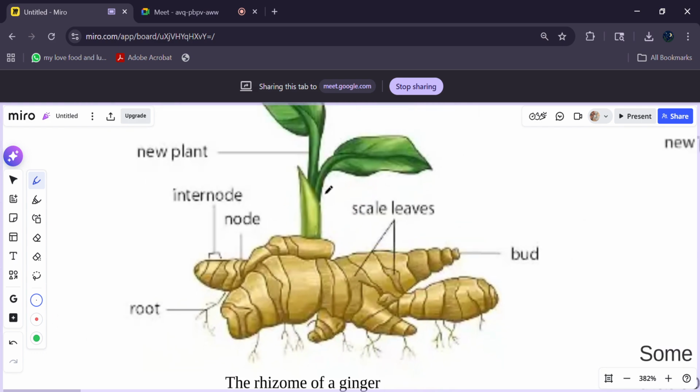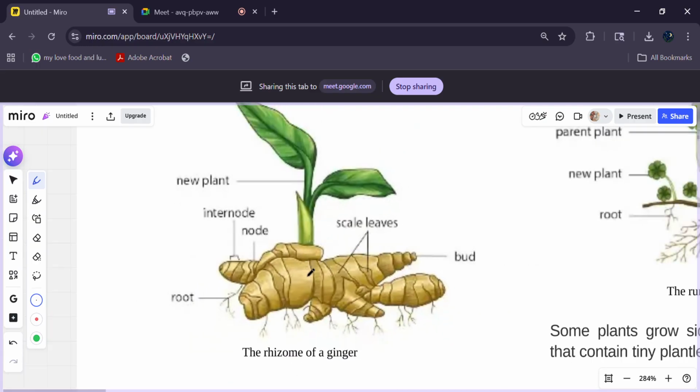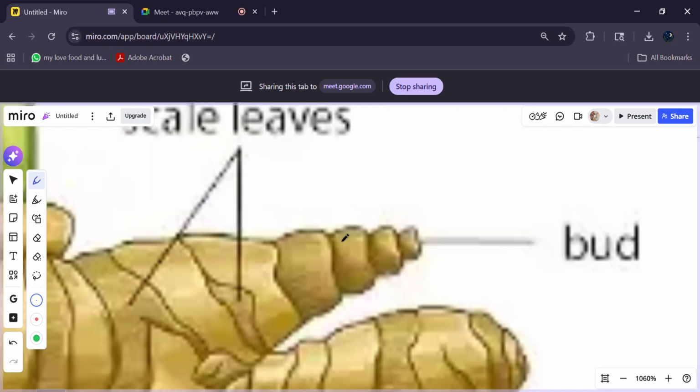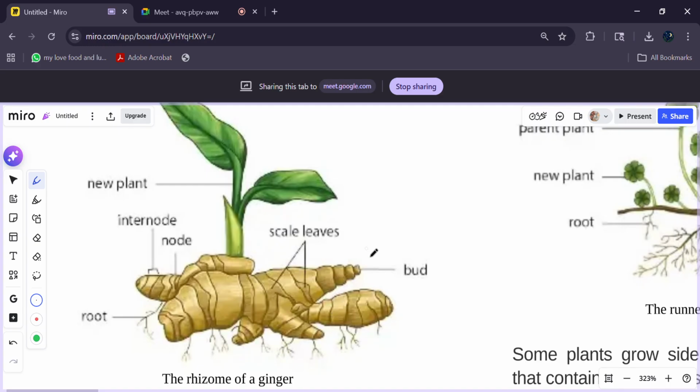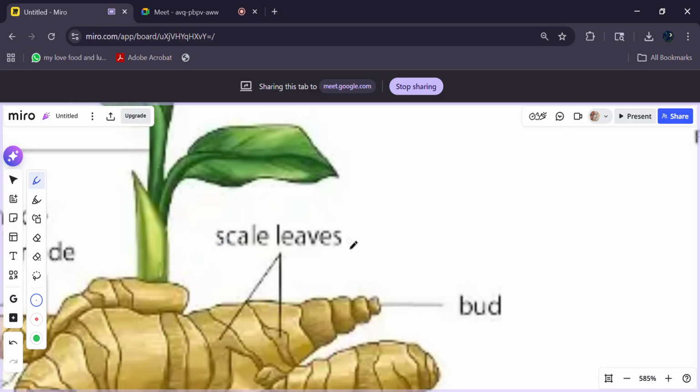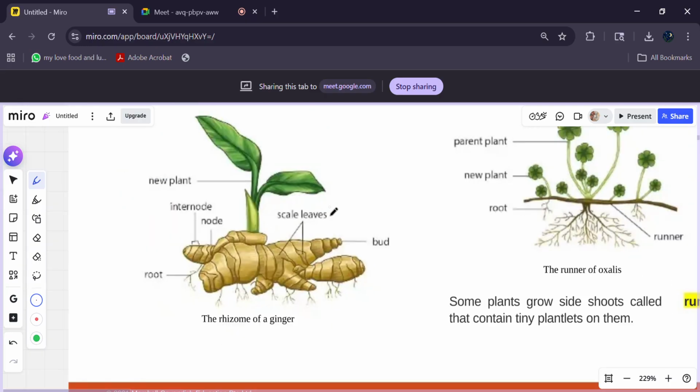Here are the new plant and the stem, and you can see this entire ginger is considered an underground storage stem. Now each bud can grow into a new plant. So you see these small parts of the storage stem, there are buds. And when the buds split away from the storage stem, they can grow into new plants. And this is also another example of asexual reproduction.